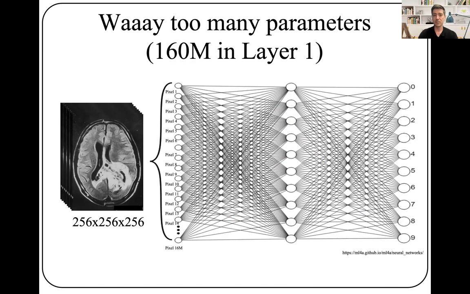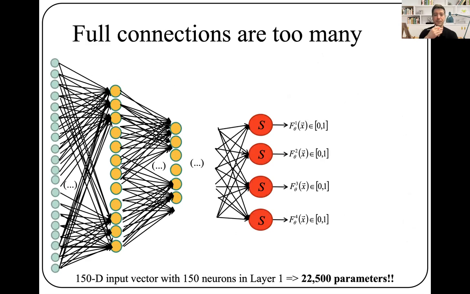So what can we do for this? Instead of considering a fully connected network, where every neuron is connected to every neuron in the next layer, I'll give you another example to introduce what follows.